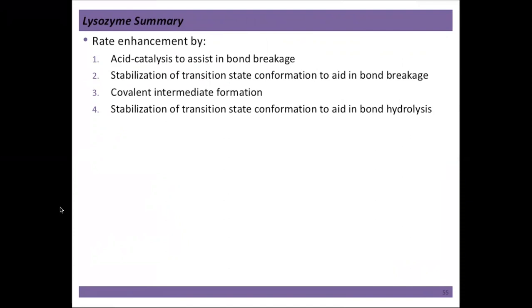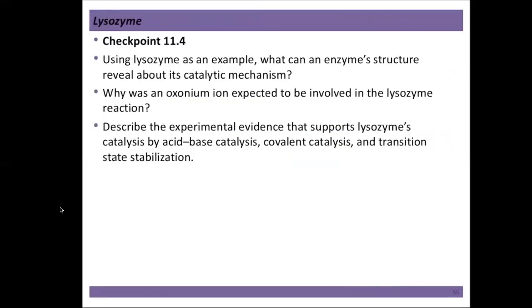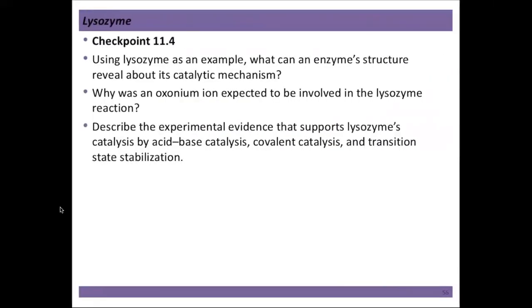We have a proton there that helps protonate that acetal. We get stabilization of the transition state, so we make that sugar adopt a planar conformation, and that aids in the bond breakage. We do get covalent intermediate formation that helps stabilize it. And again, stabilization of the transition state conformation aids in the bond hydrolysis. So that is lysozyme.